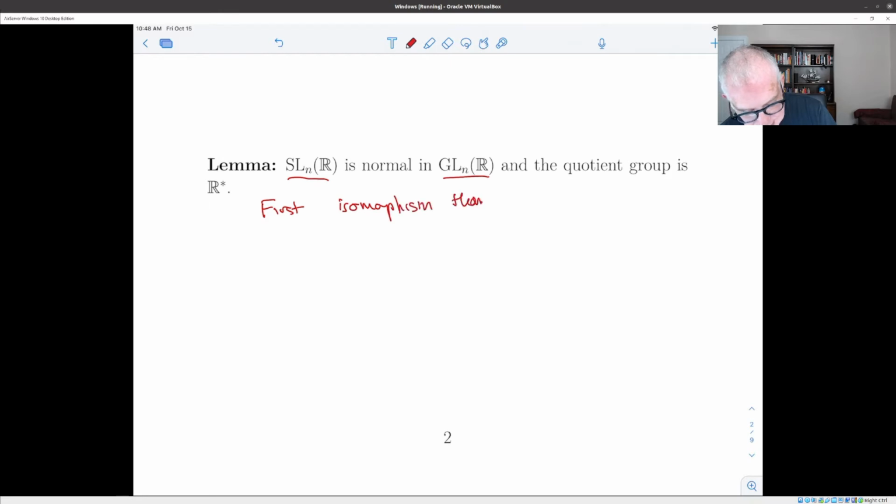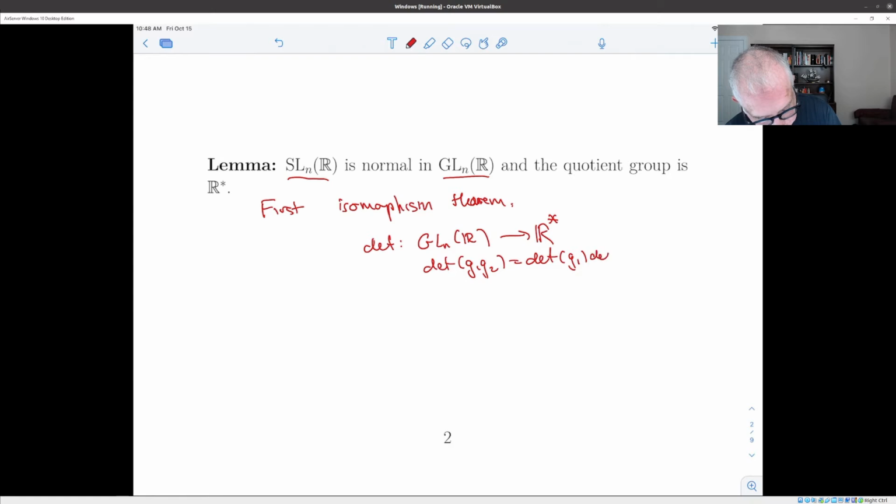Because we have the determinant is a homomorphism from GLNR to R star, because the determinant of the product of matrices is the product of the determinants. And that's the first point. The second point is that the determinant is onto, it's surjective.